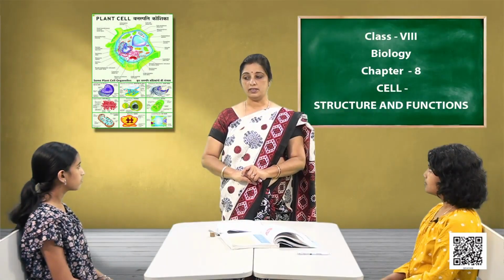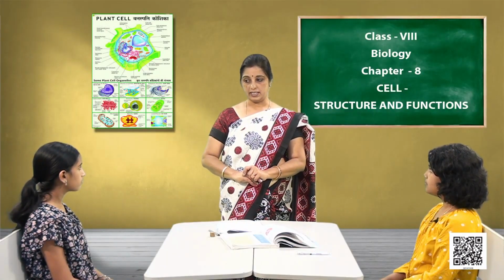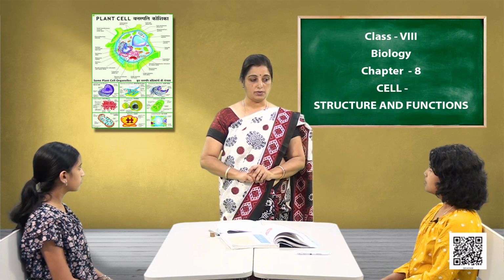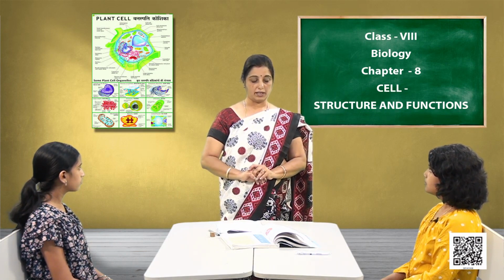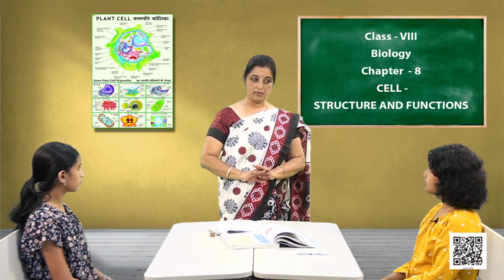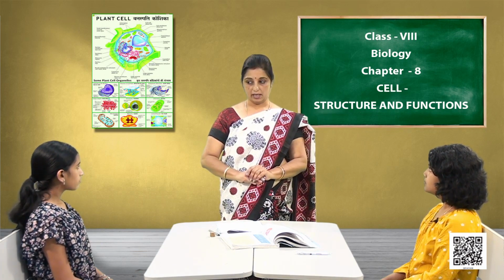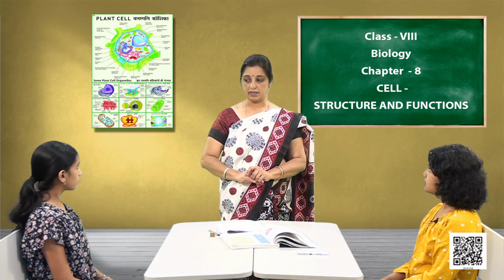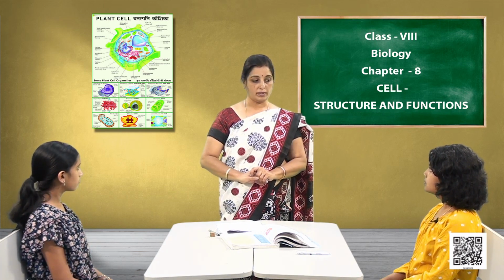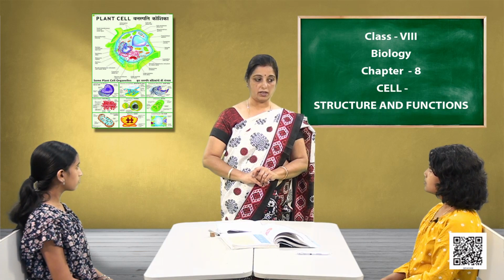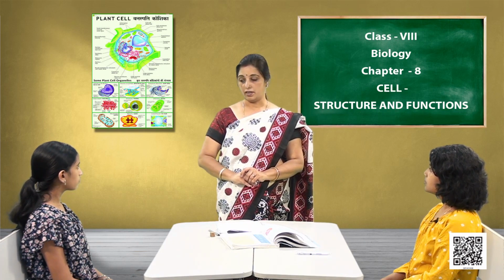Now that you have learned so many aspects of cells, we shall now try and compare and contrast plant cell with that of an animal cell. We can look into this chart and identify what are the common things present in both and what is the difference they have got.